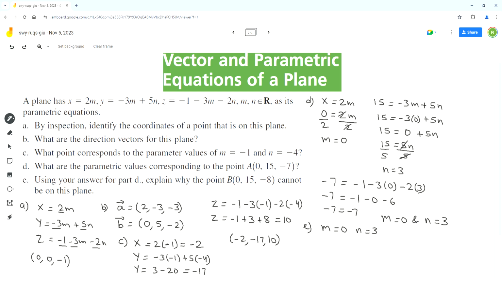If we sub in z as negative 8 in the z equation and m as 0 and n as 3, the values we got from the x and y coordinates 0 and 15, the equation is not true because we get negative 8 on the left side and negative 7 on the right side.